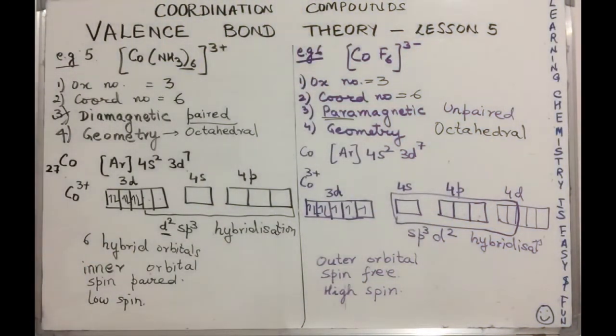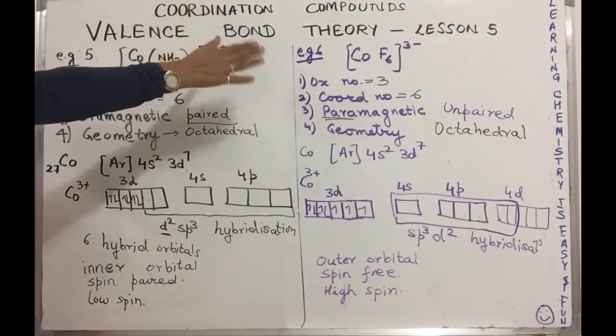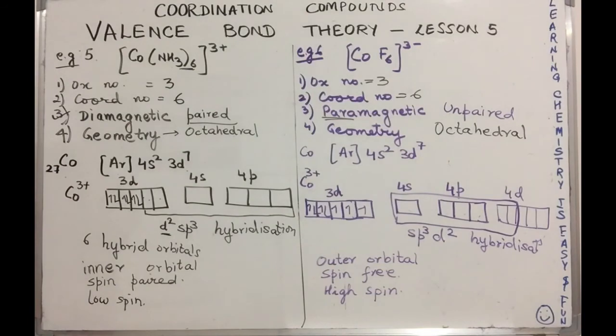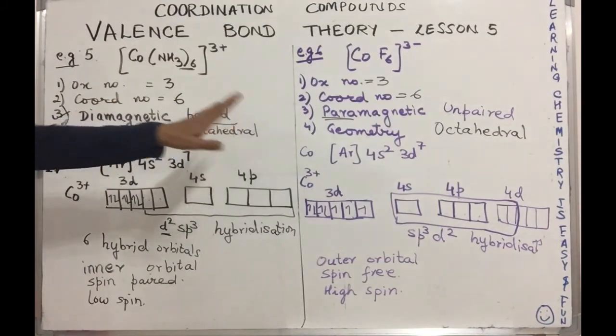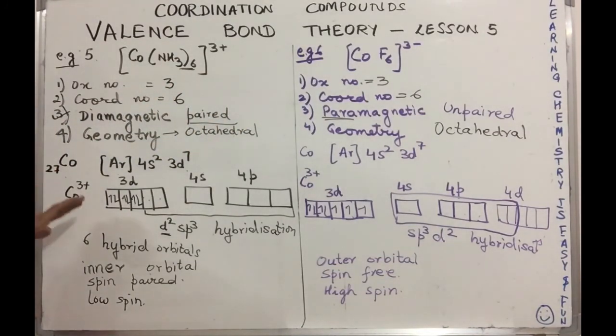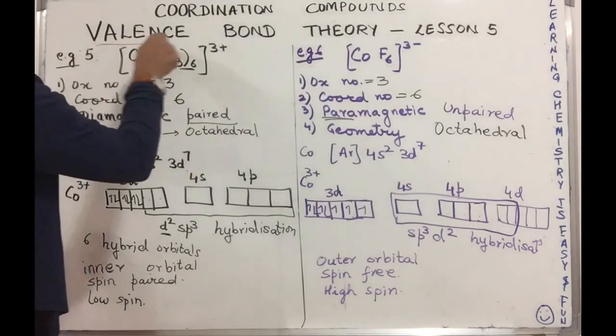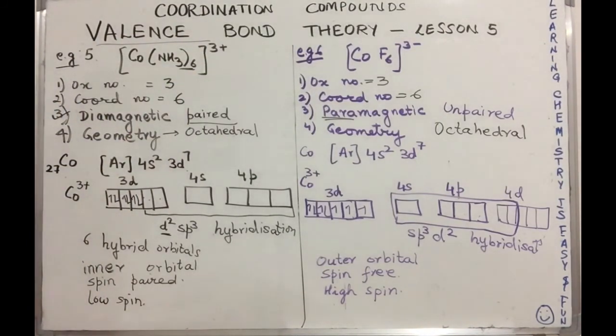Right? So if you notice over here, we've got the same central atom, we've got different ligands. But the same metal atom is behaving differently under 2 different situations. One it is dia, the other it is para. Hybridization is different. And this is the major drawback of valence bond theory.